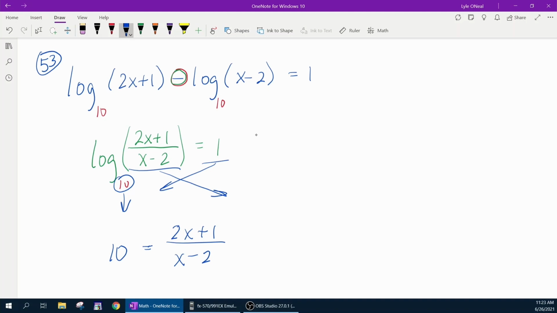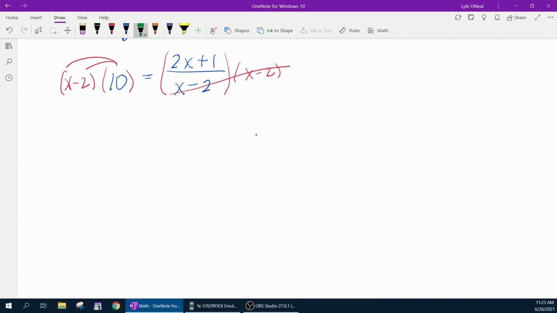And since we now have a rational equation, we can solve for x by multiplying both sides by the common denominator, which is x minus 2. That's going to get rid of the fraction, and the 10 is going to need to distribute. So 10 times x is going to give us 10x. 10 times negative 2 is negative 20, equals 2x plus 1, because the denominator canceled.